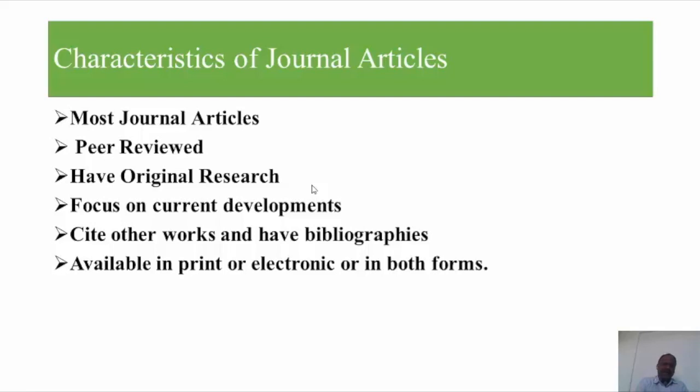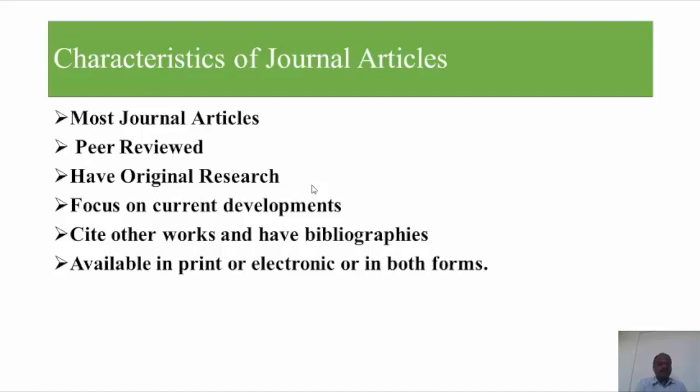Bibliography is a listing of author, then his research title, then research publication, in which journal, in which book it is published, the title of the book, then year of publication, then page numbers.